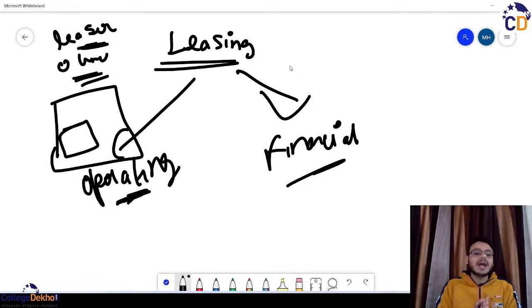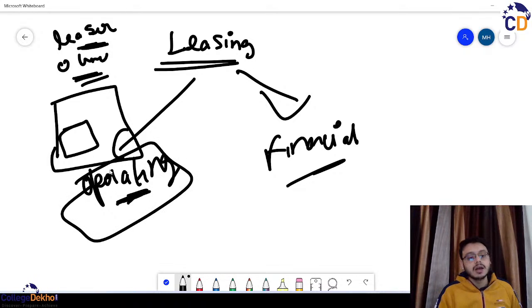So that happens when we talk about operating lease. The ownership is not passing. It remains with the owner of that apartment or the office, the lessor, however you pronounce it. So ideally, in an operating lease, the ownership is with the lessor only.